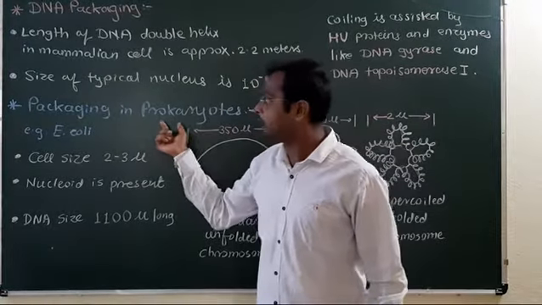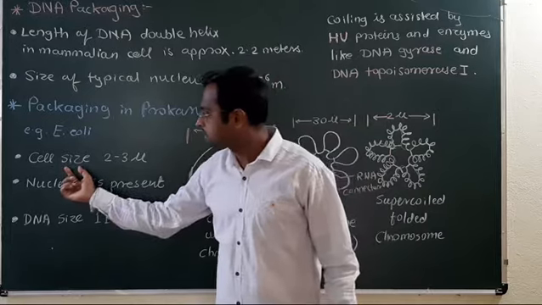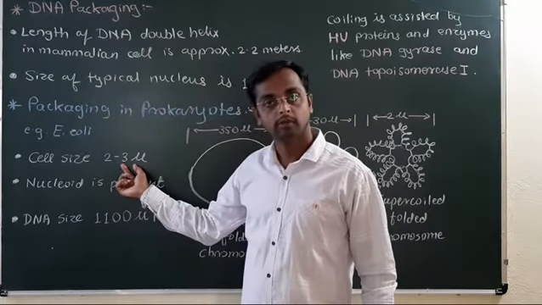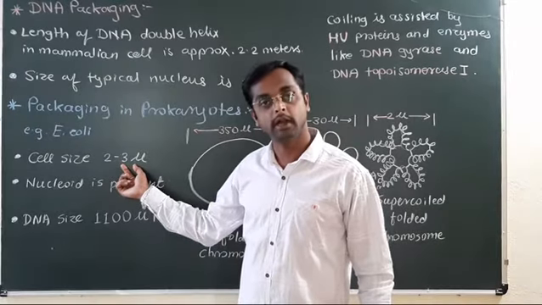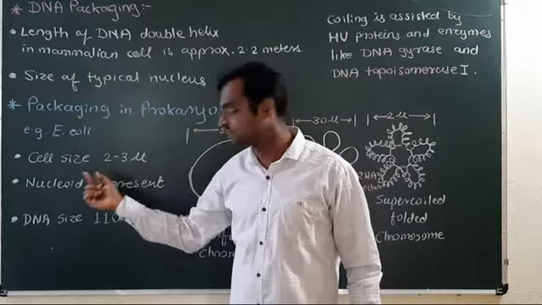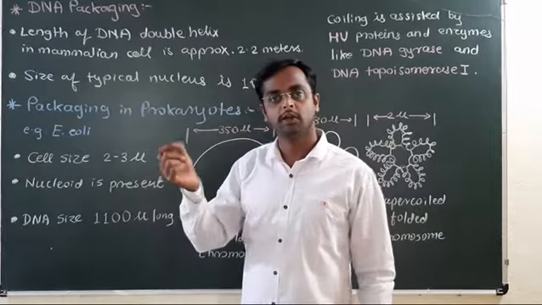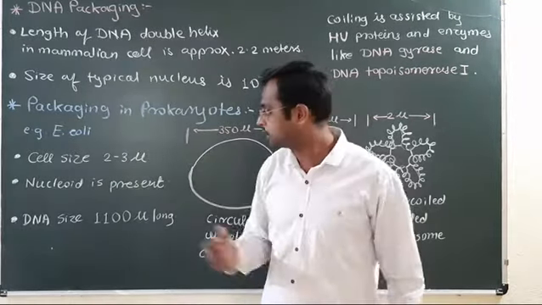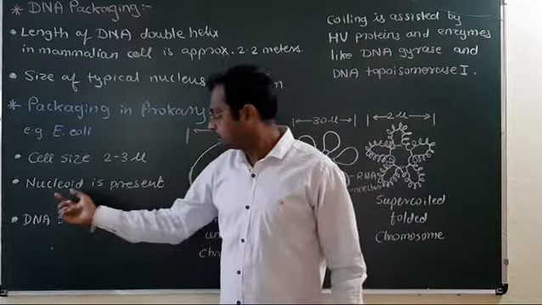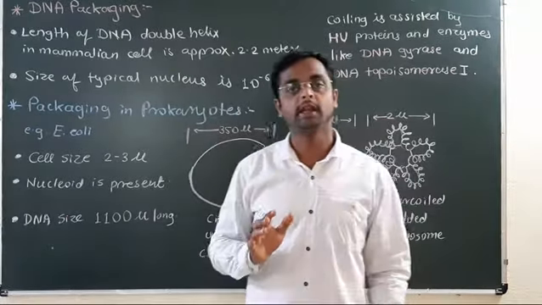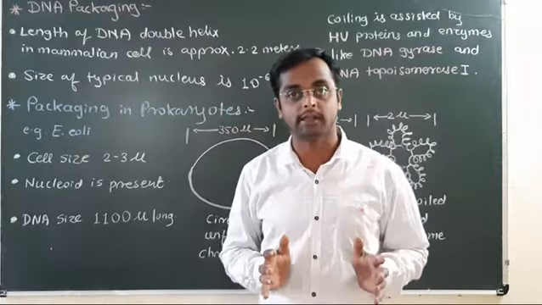In prokaryotes, including bacteria like E. coli, the cell size is 2 to 3 micron, which is very microscopic. The nucleoid is present. Nucleoid means the genetic material is not well organized.